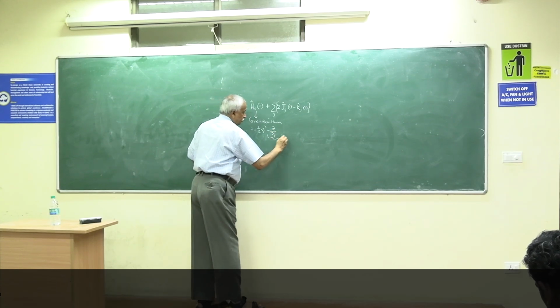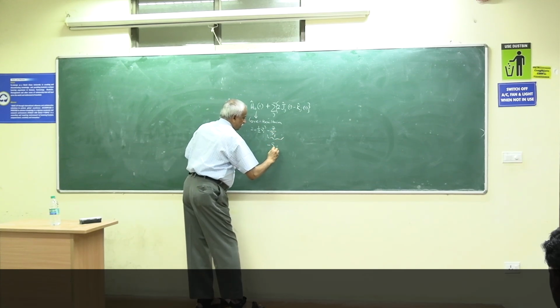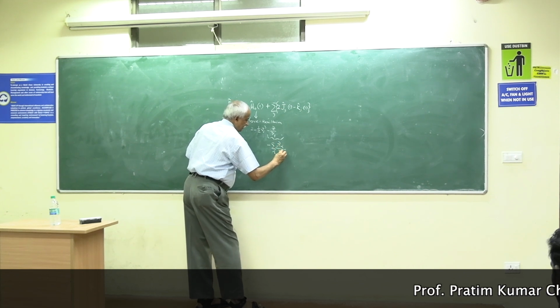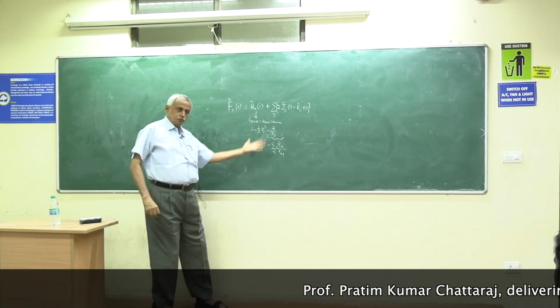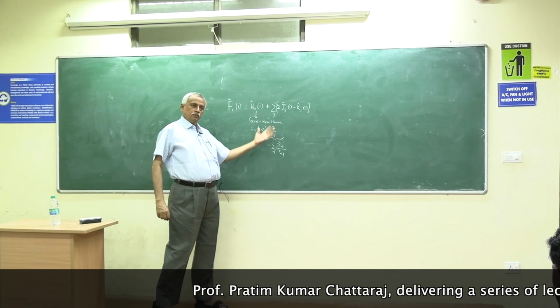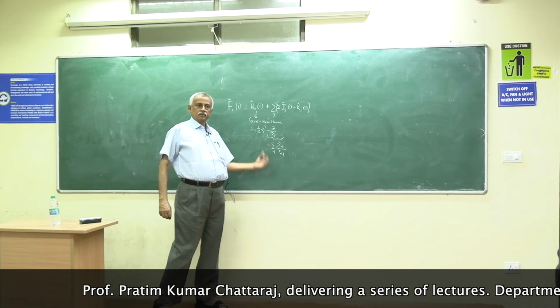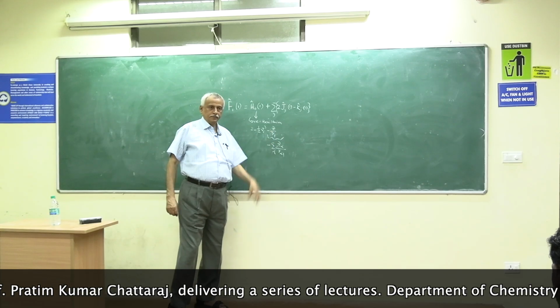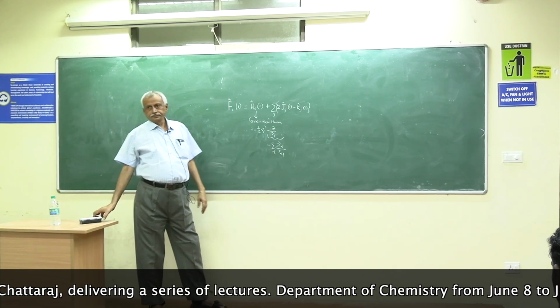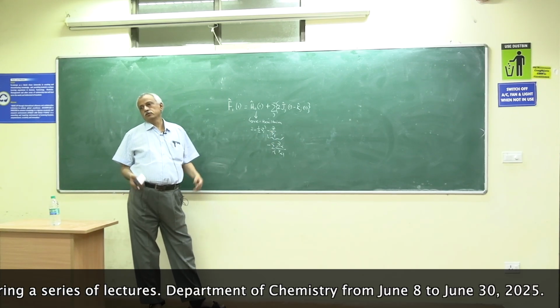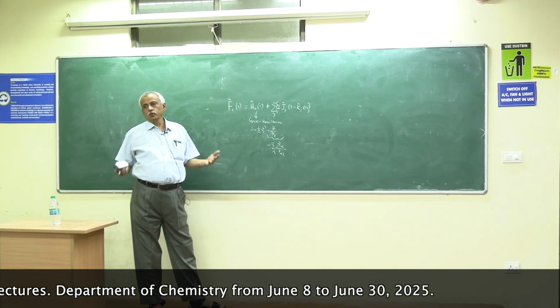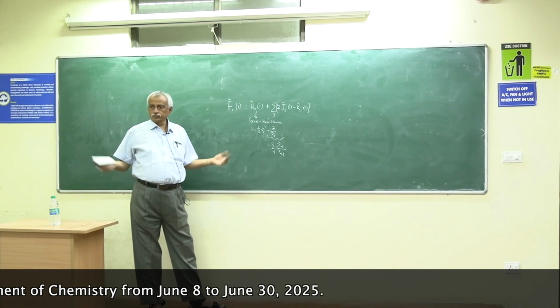And for a molecule, it should be minus sum over alpha Z alpha by R alpha 1. So that would be a difference. In case of a molecule, it would be simply like this. This is for an atom, a many electron atom. So you can see, you can solve Hartree-Fock theory for both atoms and molecules.